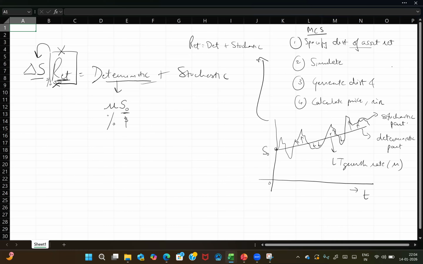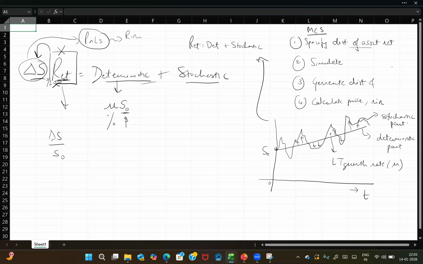If you want return, obviously you will take delta S and divide by S0. But here we want changes in stock price because we're always interested in P&Ls or changes in the prices, because that drives risk, that drives prices.